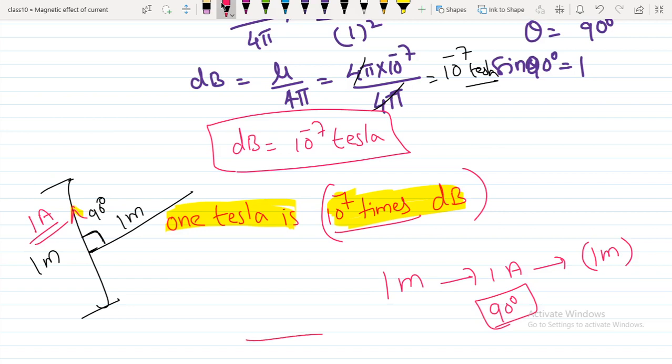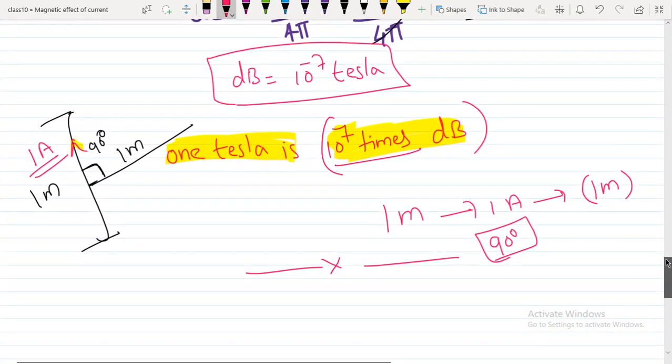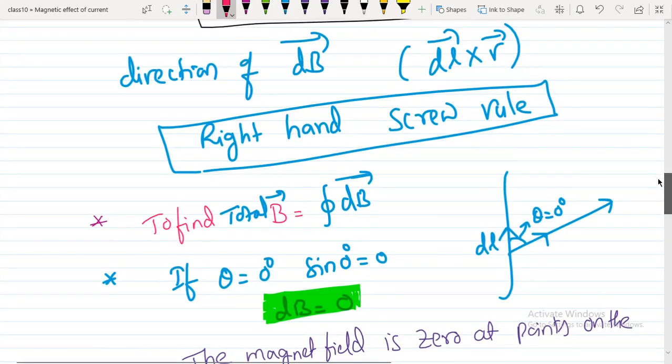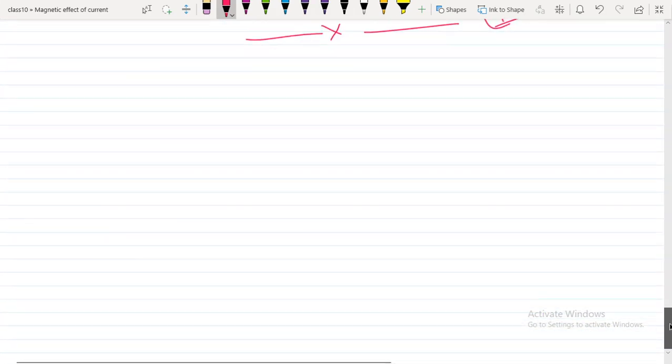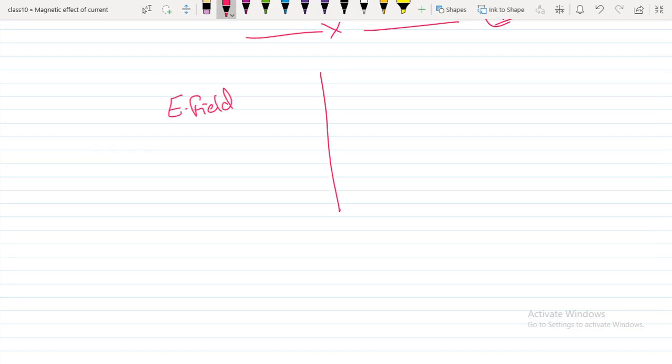So this is all about the magnetic field due to a current carrying conducting wire. Due to that wire, the magnetic field is produced around it. If you compare the electric field and magnetic field, you can notice some similarities and some differences.